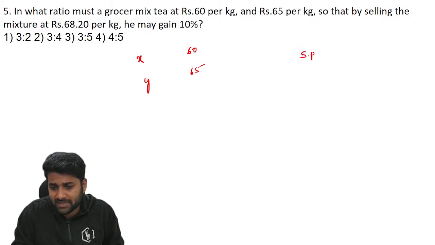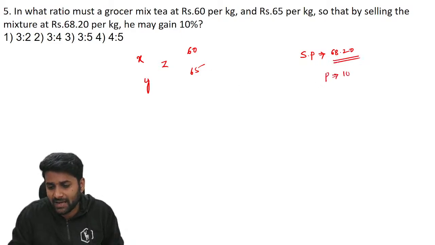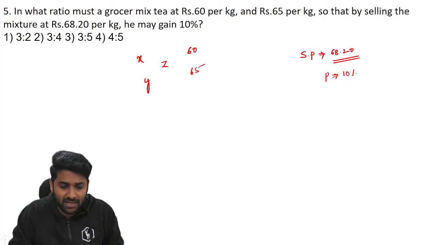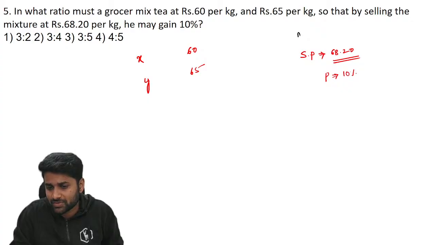After mixing that, you will get quantity Z. Now the grocer sells at 68.20, and after selling at this price he gains 10%. Let us understand this calculation. What is the mixture price? That is most important. So we are talking about the mixture, which they sell for 68.20 with a profit of 10%.